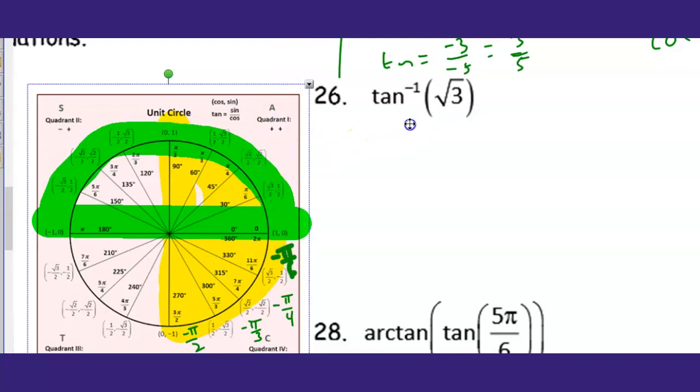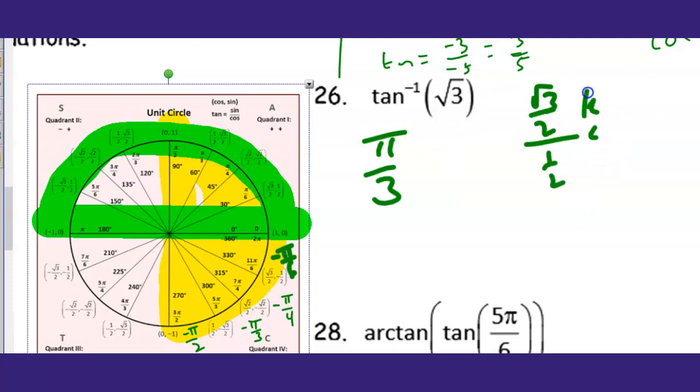You gotta remember, guys, right here, sine over cosine, pi over 3. I said pi over 6, that's pi over 3. If you remember, check yourself: radical 3 over 2 divided by 1/2. Keep change flip. Right there, radical 3. See?